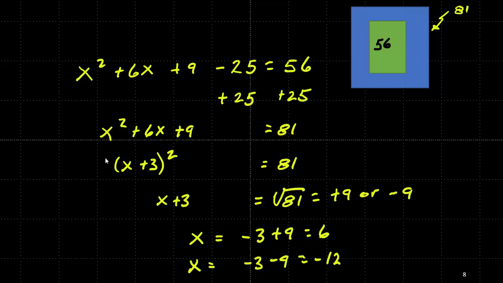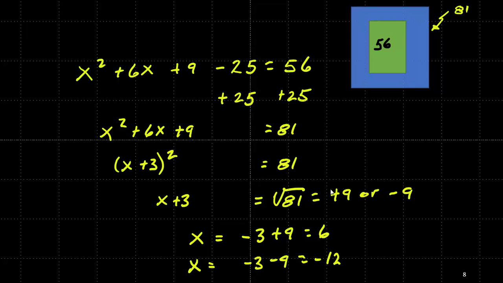Once we take the square root of both sides, we get x plus 3 over here. We reduce the order of this equation from a square to a linear equation. On the right-hand side, we took the square root of 81, and you'll recall that the square root of 81 is either plus 9 or negative 9.